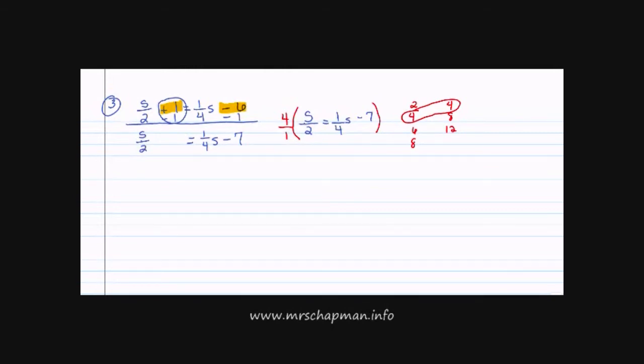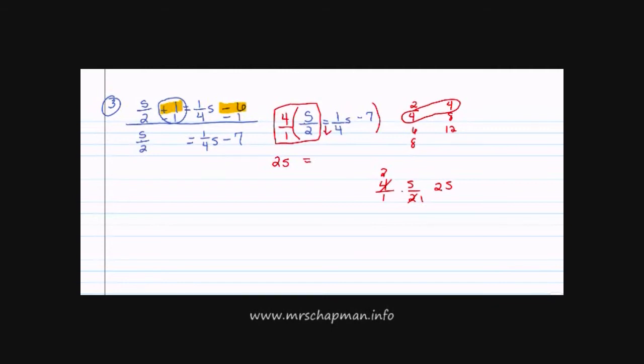I have this problem here first. So I have 4 over 1 times s over 2. Cancel. 2 goes into 2 once, 2 goes into 4 twice, and 2 times s is 2s. Okay, now I have 4 over, let's not forget my equal sign.